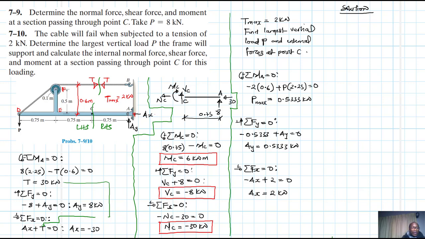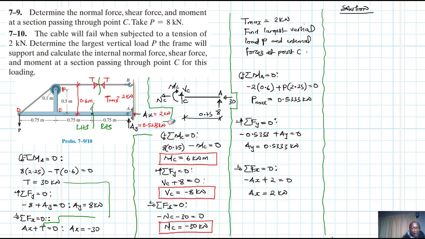Great. So after having found that, we are going to do a section at the same point and use the simplest case. So here we found that our AX is equal to 2 kilonewtons, and our AY is equal to 0.5333 kilonewtons.